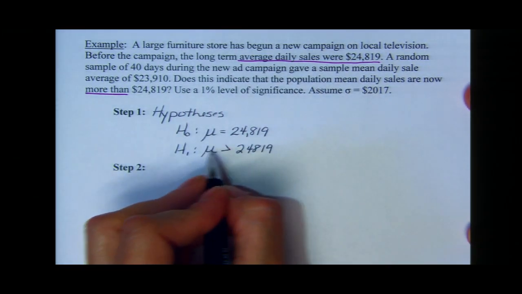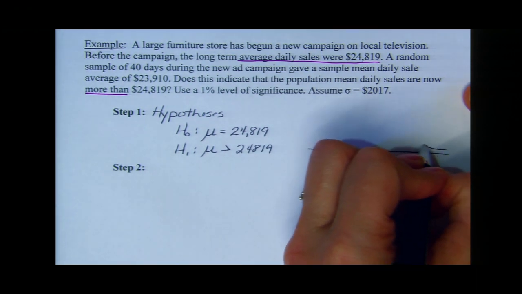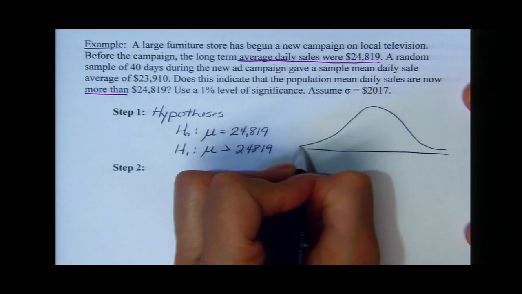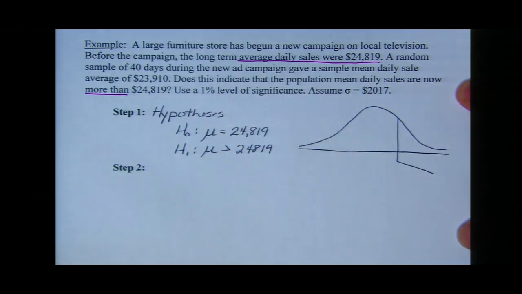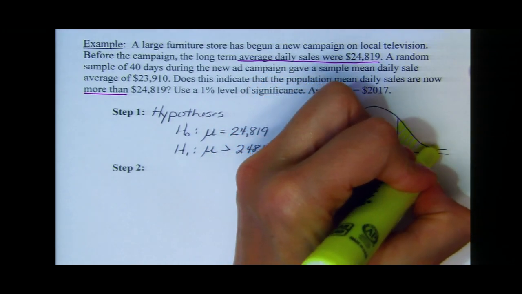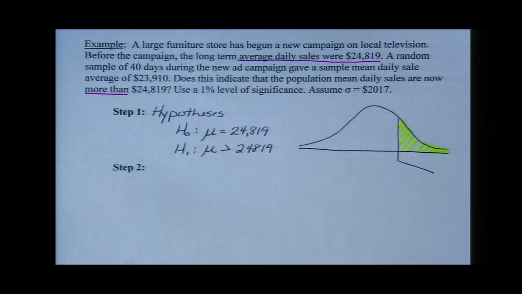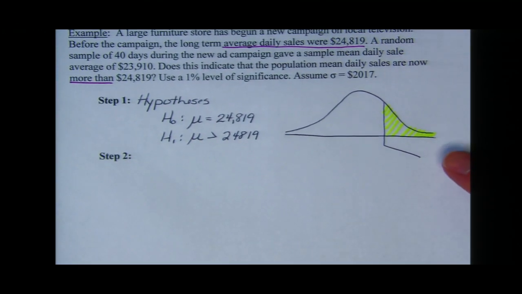Because my alternate is a greater than, I have a right-tailed test. Now, we've done right-tailed before. We've not done a left-tailed. I think I meant to change this to a left-tailed, but we're going to go with it. But I'll make a statement when we get to the p-value.